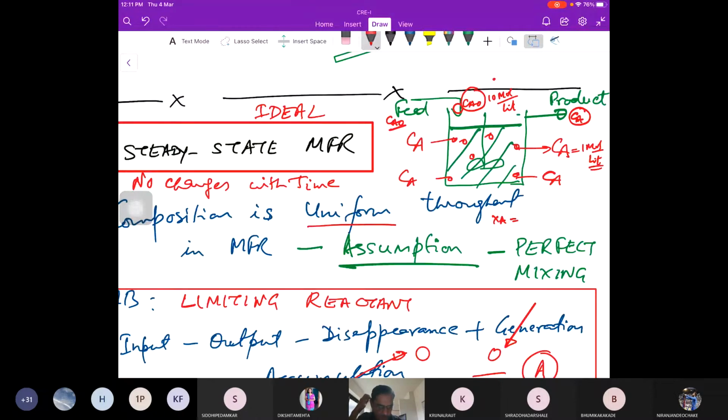How much will the conversion be? Could you please repeat, sir? When the feed is at Ca naught equal to 10 moles per liter and the product Ca is 1 mole per liter, what is the conversion of A?